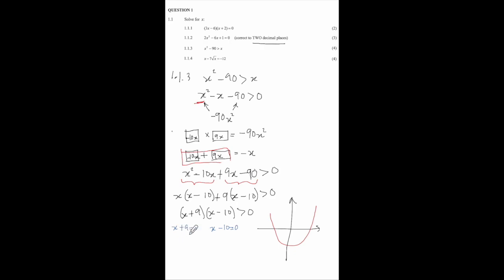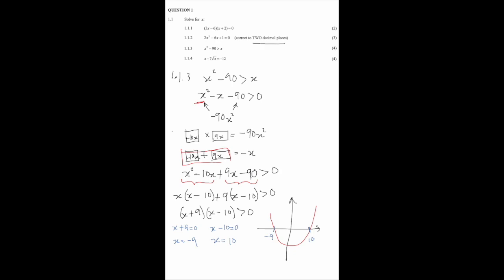Solving this, x will be equal to negative 9, and solving this, x will be equal to positive 10. So this point here is the negative 9, so I'm going to put negative 9 there. And this point here, the 10 will be here. Those are the critical values that we need to locate in our situation here.